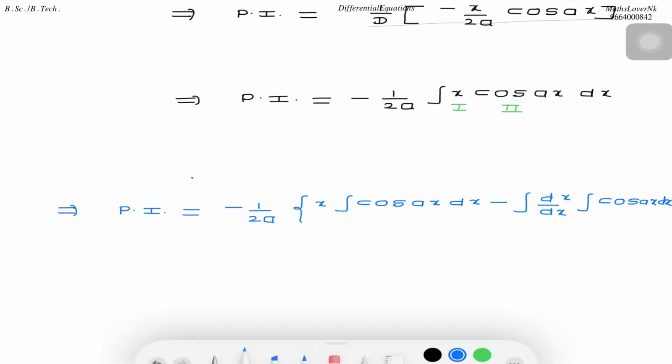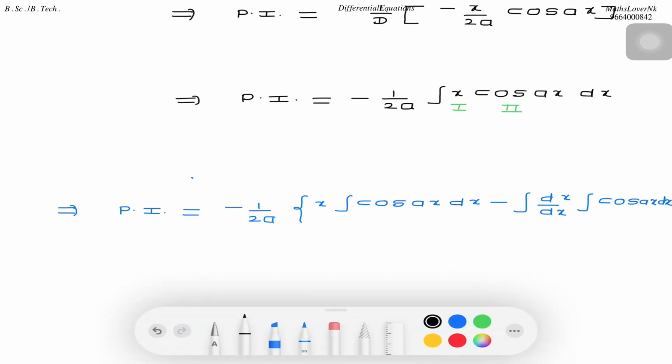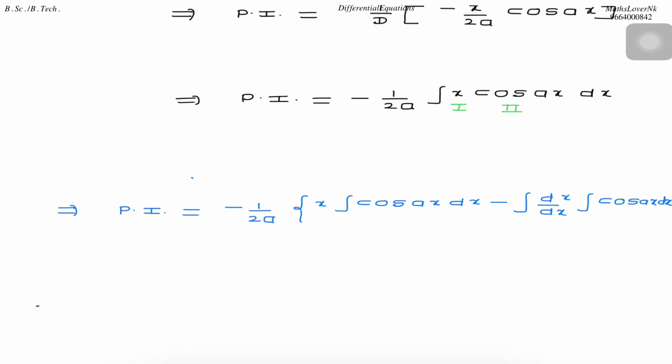When we solve, we get PI = minus 1 upon 2a as it is.